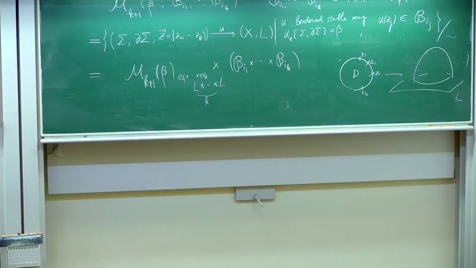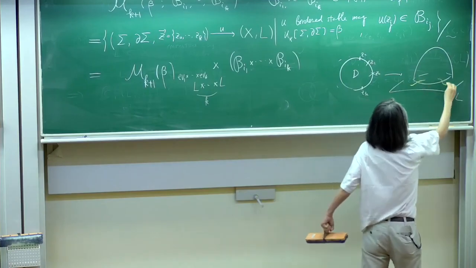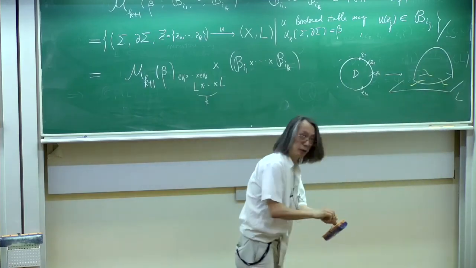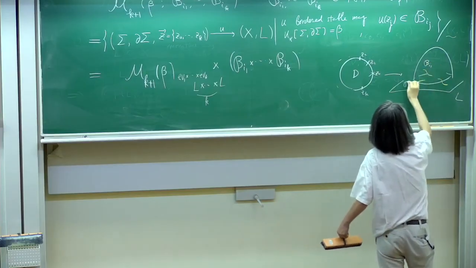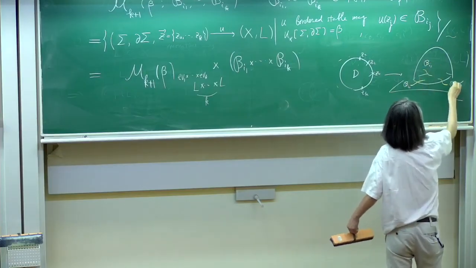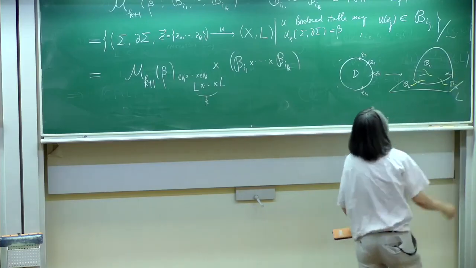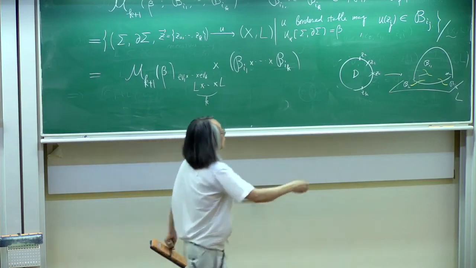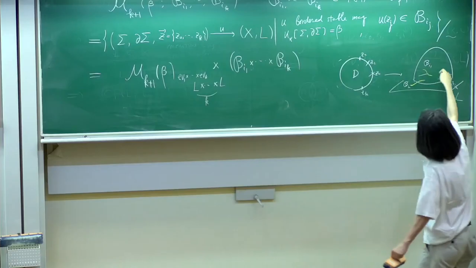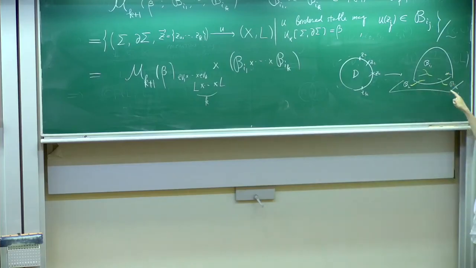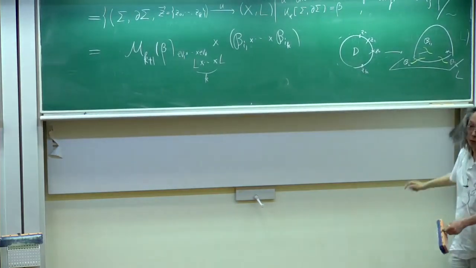These marked points are mapped to X and L. So they are actually mapped to some chains, like B_{i1}, B_{i2}, and B_{ik}. So these points z_1, z_2, z_k are mapped to those B_{i1}, B_{i2} and B_{ik}. So this is the kind of object we consider.